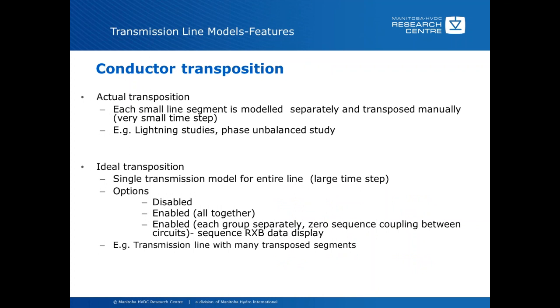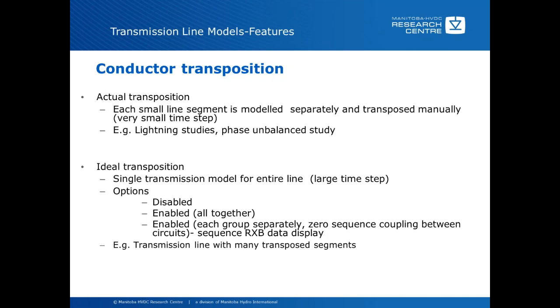So I'm discussing the features of the transmission line and cable models one by one. One such feature is called conductor transposition. In reality, transmission lines are transposed at regular intervals. So there are two ways to model transposition: actual transposition and ideal transposition.